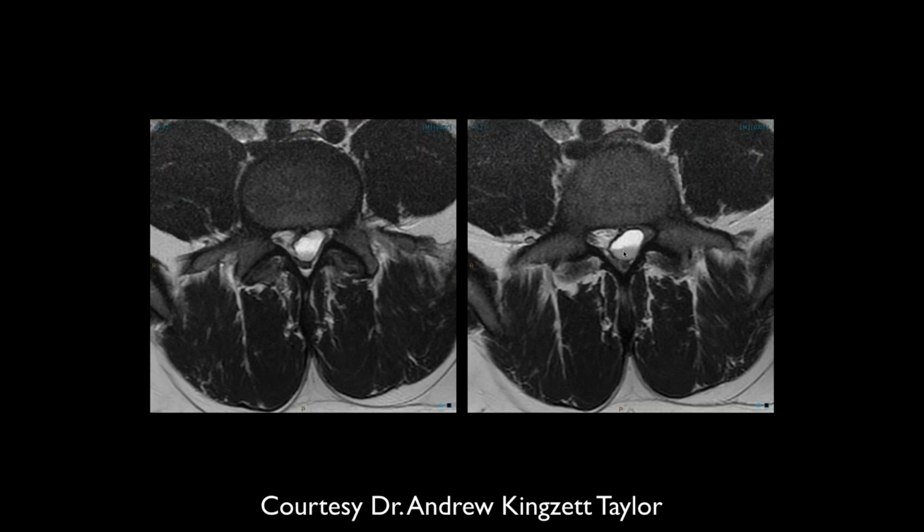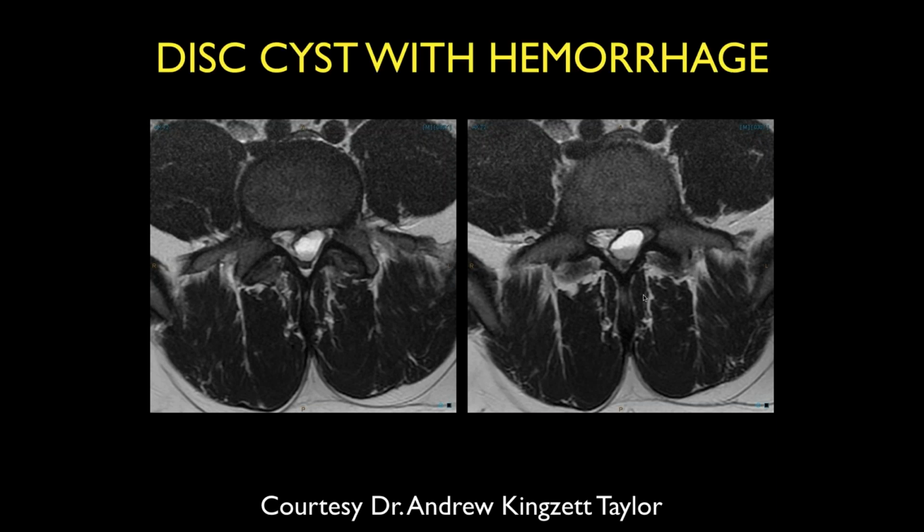What's this right here? I think that's the nucleus that sort of goes through the cyst. Yeah, sometimes these can occur, and because it kind of cuts through tissues, these can hemorrhage. And so this is actually a hemorrhagic discogenic cyst.